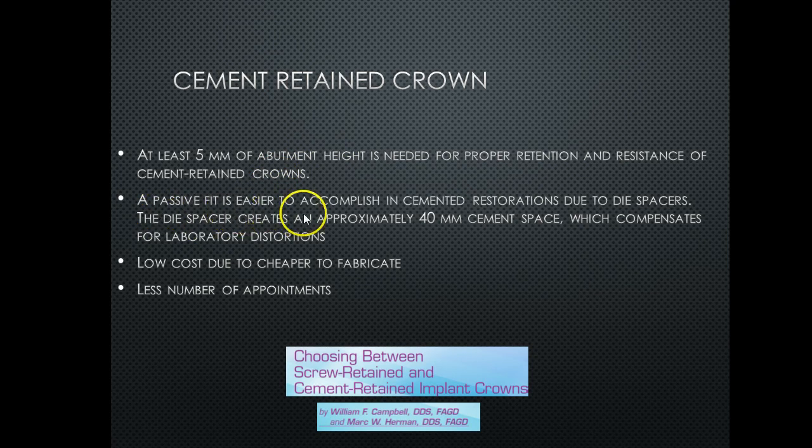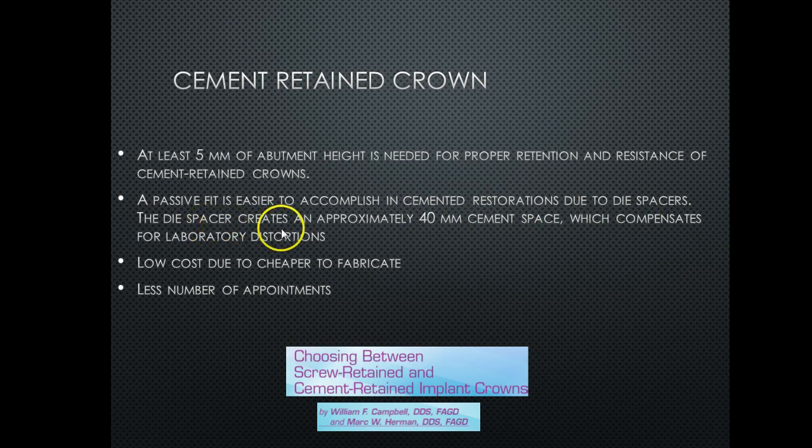A passive fit is easier to accomplish because it doesn't have to be perfectly right on top. Any discrepancies, or lab distortion that you have when fabricating, can be made up because you have a cement space that can fill it up. A passive fit is easier to accomplish in cemented restoration due to the die spacer.